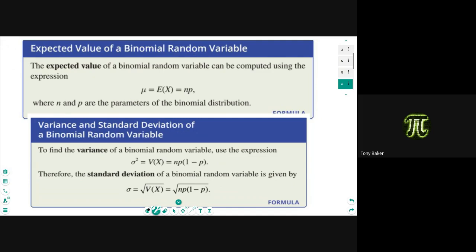Your standard deviation is the square root of the number of trials times the probability times the complement of it. So 1 minus p.